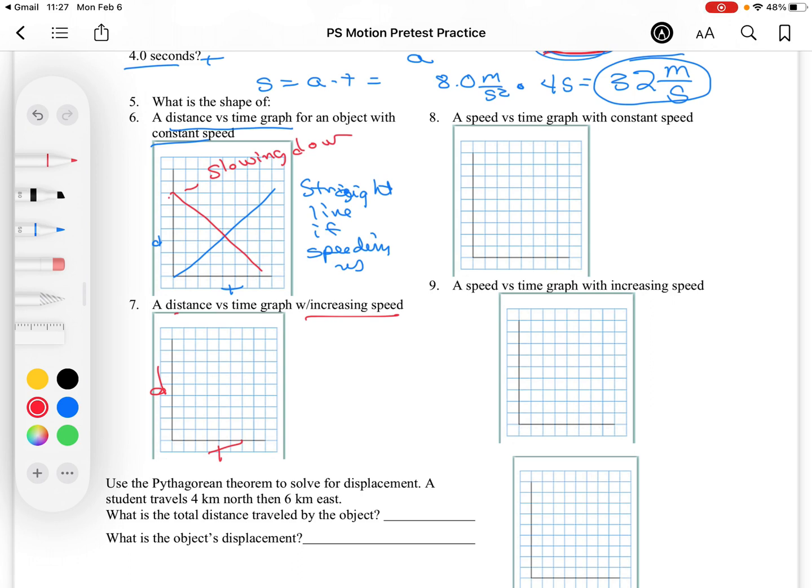And this is with increasing speed. And that is going to be a curved line. I found a site that has really beautiful looking lines that are so much better than mine. So this is speeding up. Which I asked you for. Now, if you're interested, slowing down looks like that.